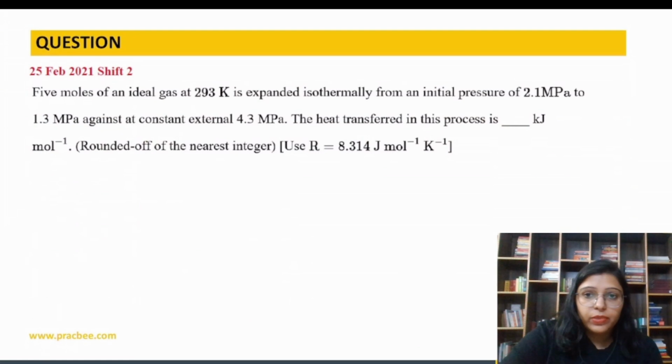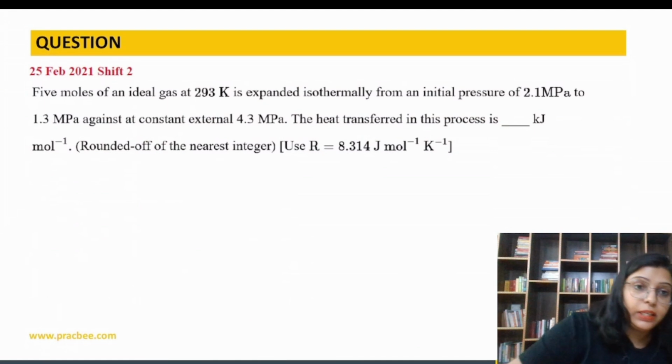Let's do the next question. 5 moles of an ideal gas at 293 Kelvin is expanded isothermally.